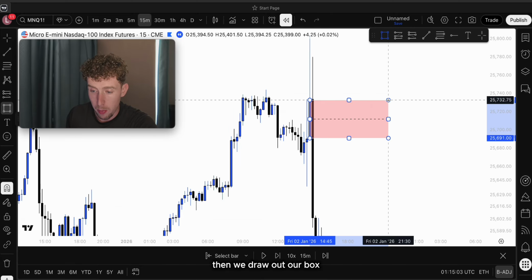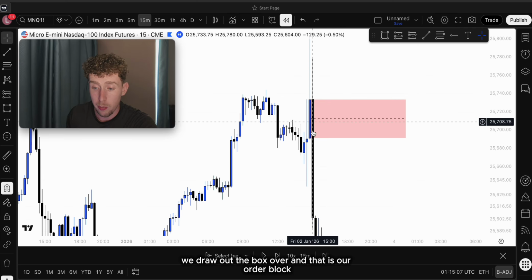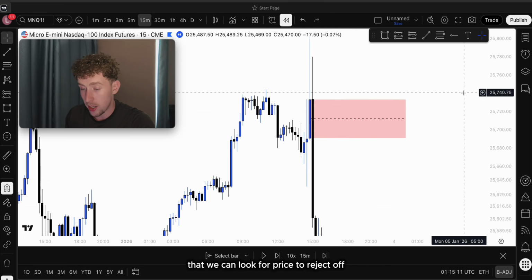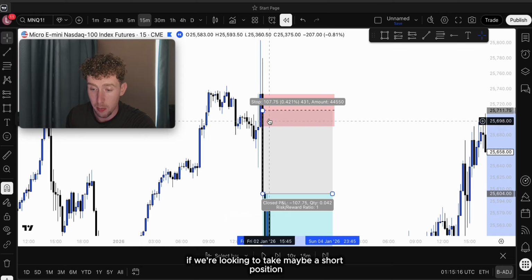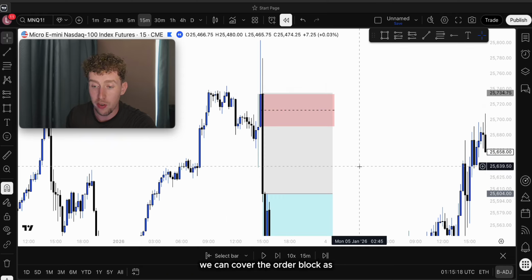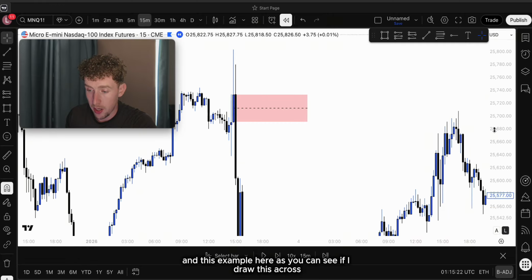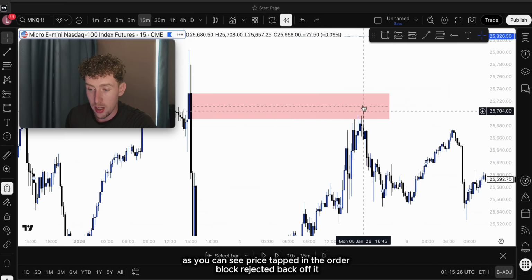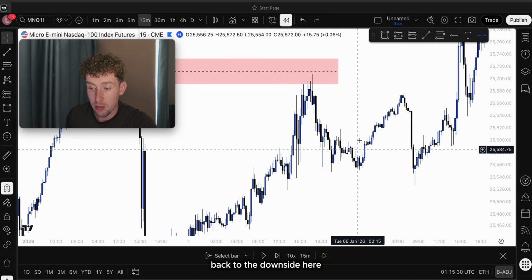Then we draw out our box where the candle before, so the candle that swept, we draw out the box of it, and that is our order block that we can look for price to reject off, or we can use as a place to put our stop loss if we're looking to take maybe a short position. We can cover the order block as another confluence for price to go down. In this example here, as you can see, if I draw this across, price tapped in the order block, rejected back off it, back to the downside here.